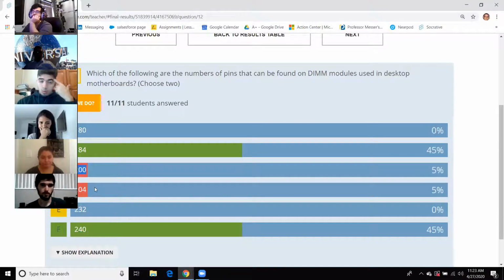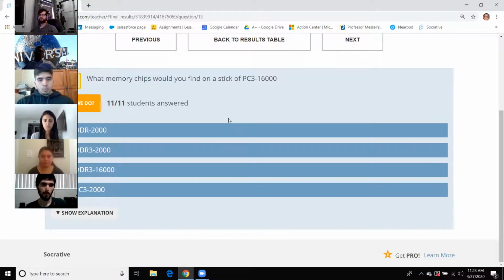Can somebody tell me what's the 200 and the 204? Where did we say that those were? I'm pretty sure the 204 is the laptop version, the SODIMMs. Yeah, correct. Yeah, I think 180 was another version of the SODIMM. Thank you.